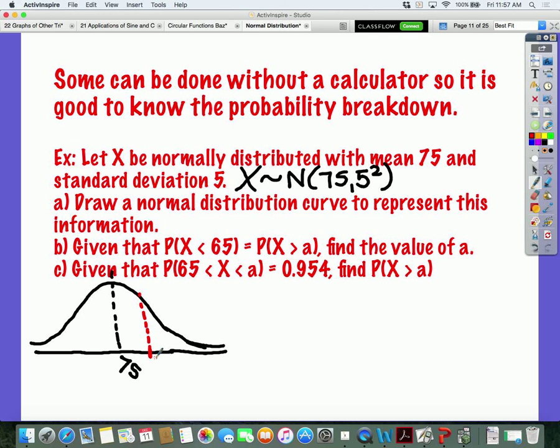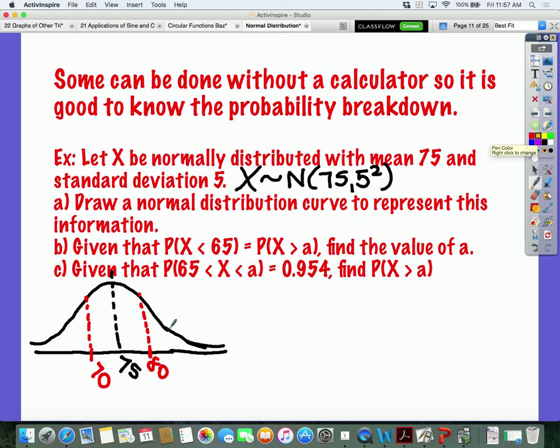So that's 5. So what would this value be? 80. To get the one on the other side, you would subtract it to get 70. And that would be one standard deviation.